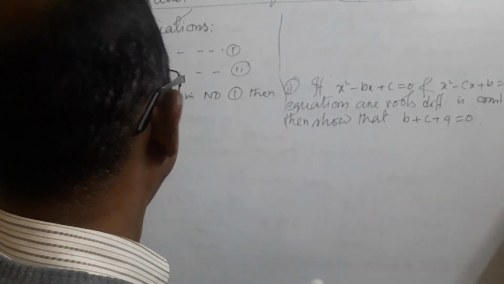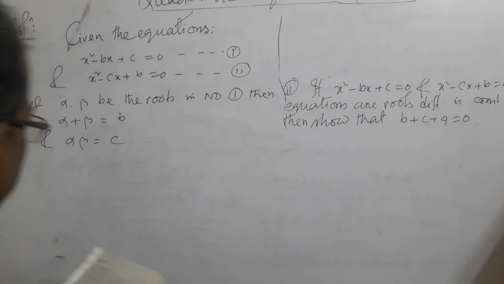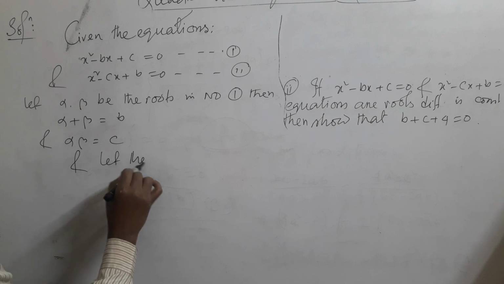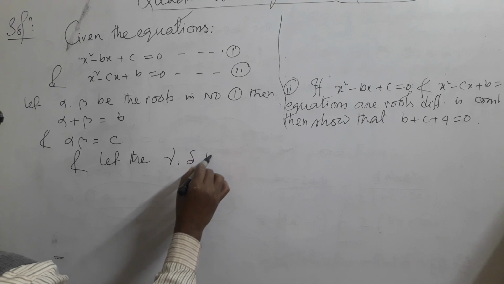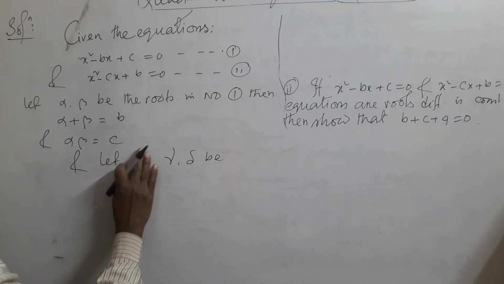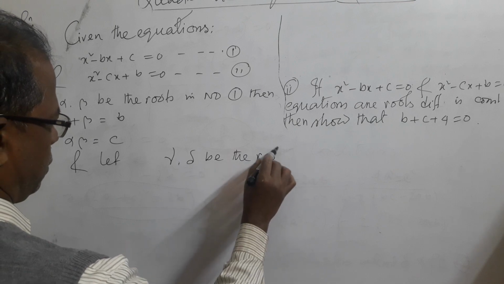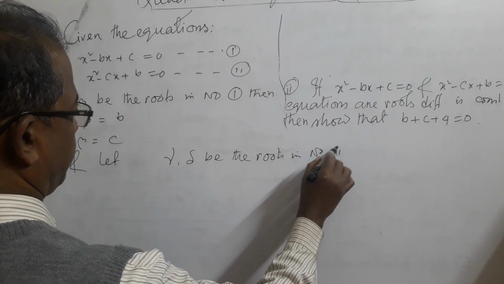Firstly, let alpha, beta be the roots in number 1. Then alpha plus beta equal to b and alpha beta equal to c. And again, let gamma and delta be the roots in number 2.